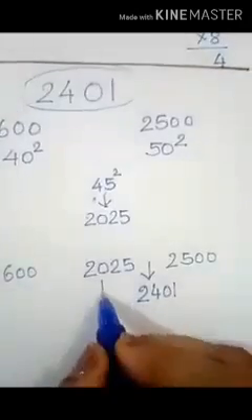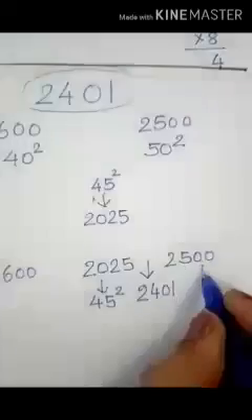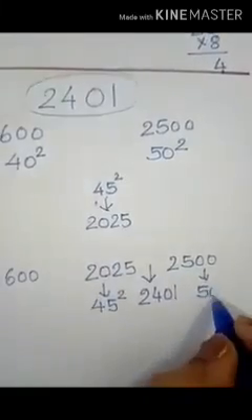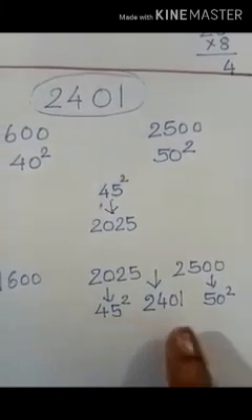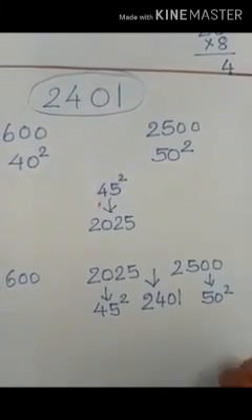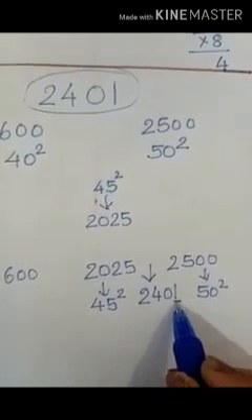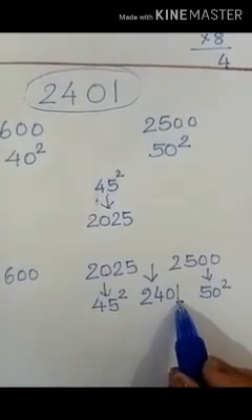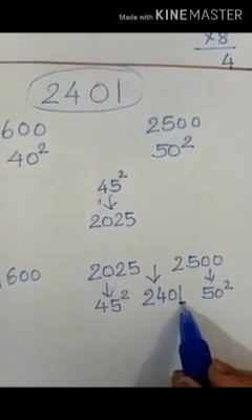What was this? This was 45 square. And what was this? 50 square. So my number lies in between 45 square and 50 square. Now check the last digit. And this you have in your first table. When do you get 1? Square of which number will give you 1? 2 numbers give you 1.